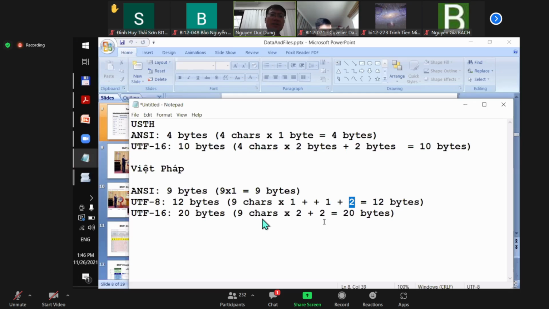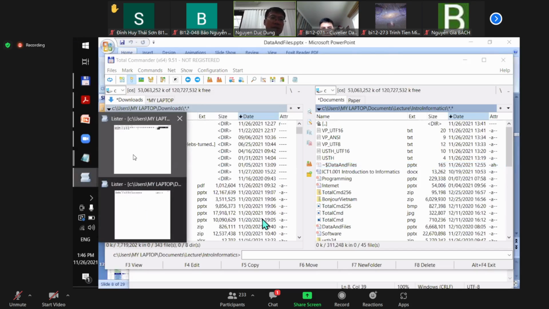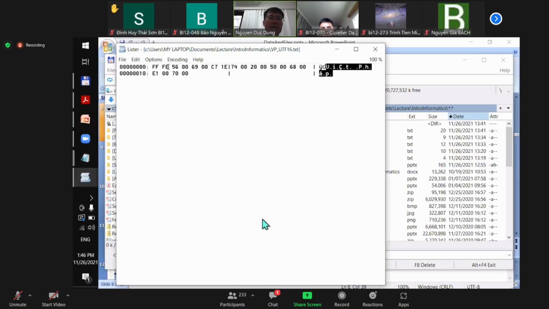That's the rule. That's the signal recognizable by the components. It means that when you open a text file, if the first two characters are the signal FF and FE, you know that that text file is encoded by 2 bytes, and every character will be represented by 2 bytes in the content of that file.